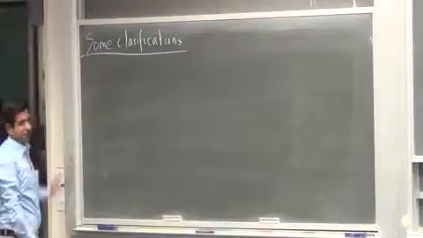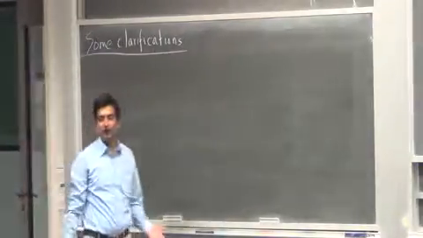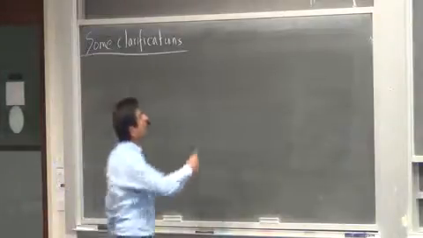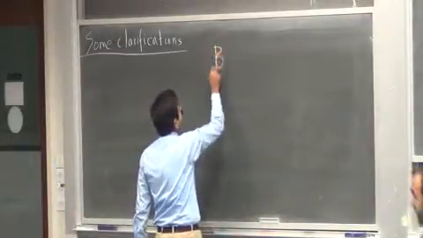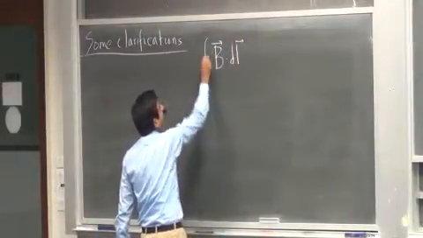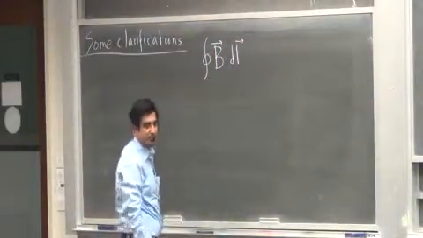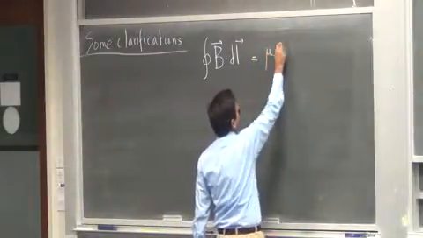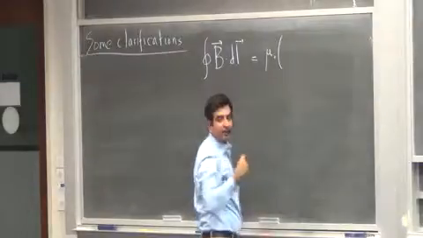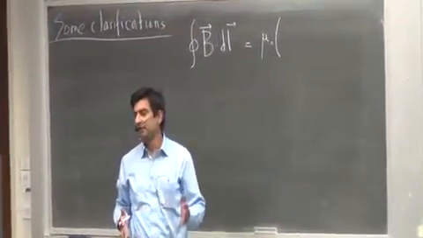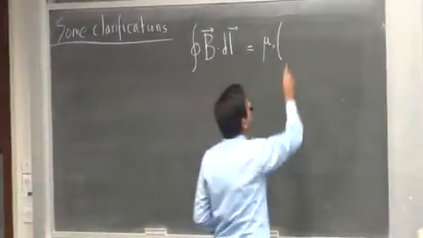Now, in our previous lecture, we introduced the fourth Maxwell's equation, also called the Ampere-Maxwell law, which tells us that the line integral of the magnetic field around a closed path equals mu naught times a conduction current, a current that is due to the mobile charge carriers.